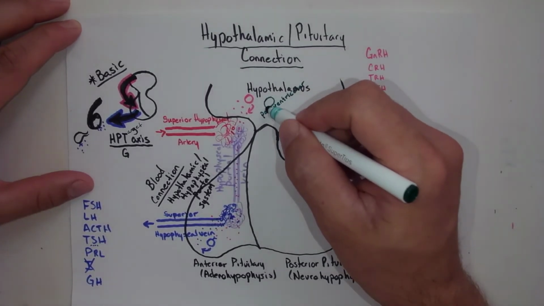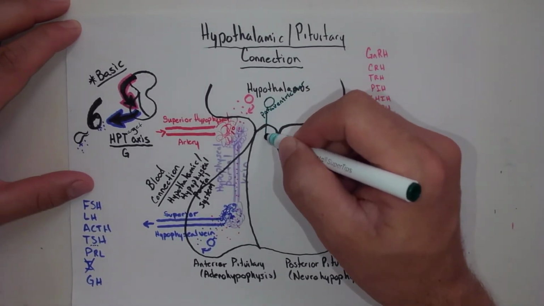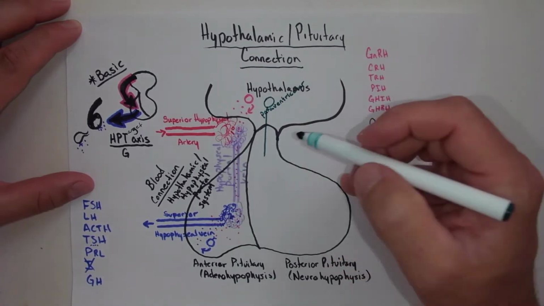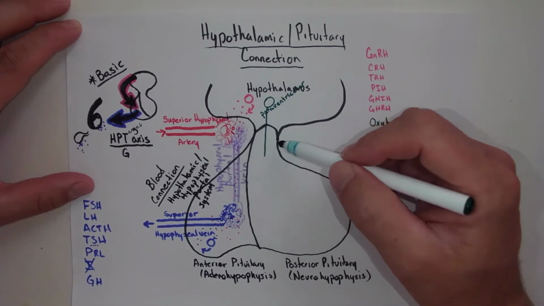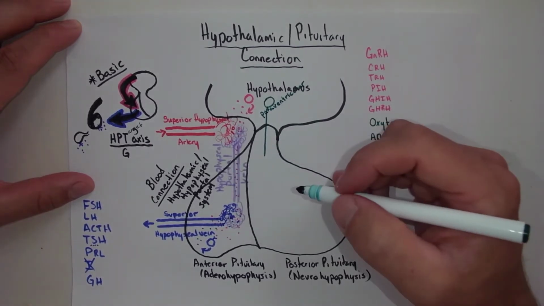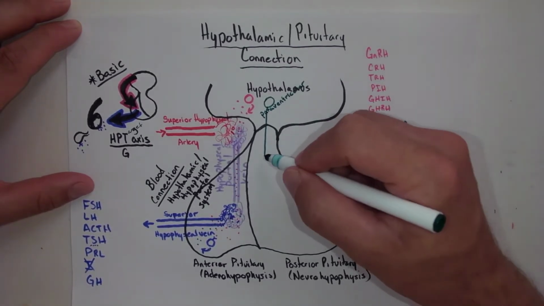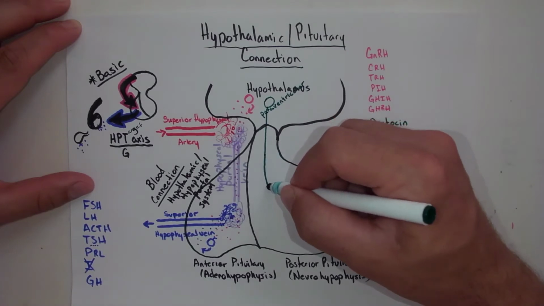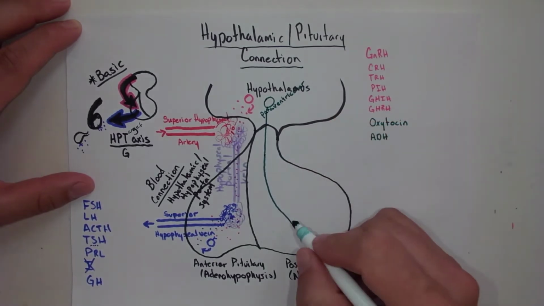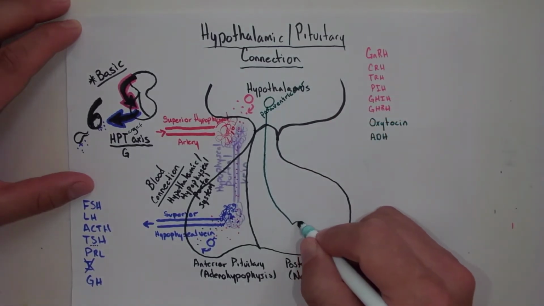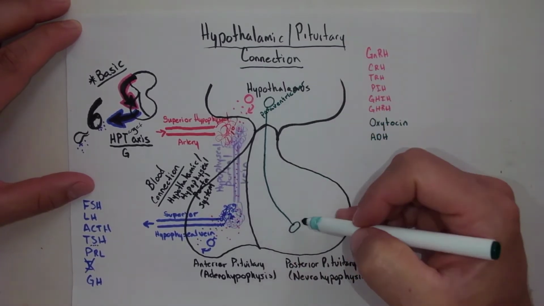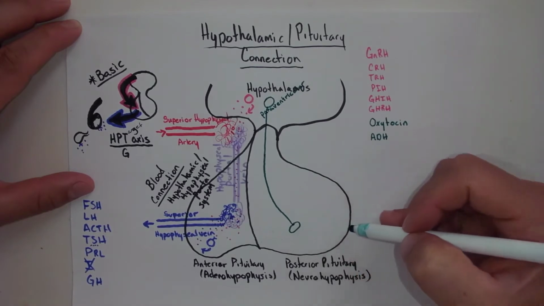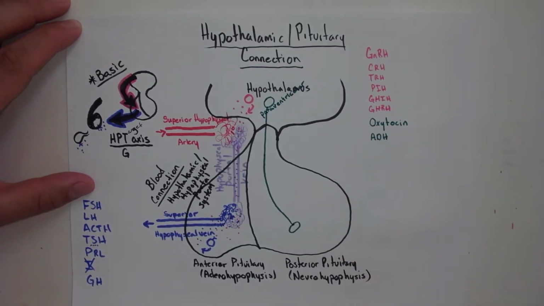Those cells send their axons through the infundibulum of the pituitary gland and have their axon terminals that can release that hormone down here in the posterior pituitary, or the neurohypophysis.